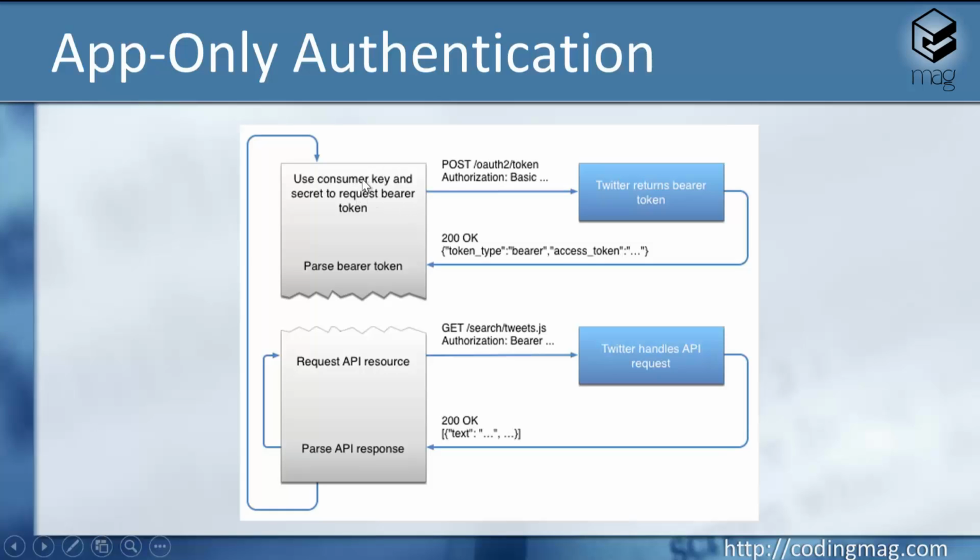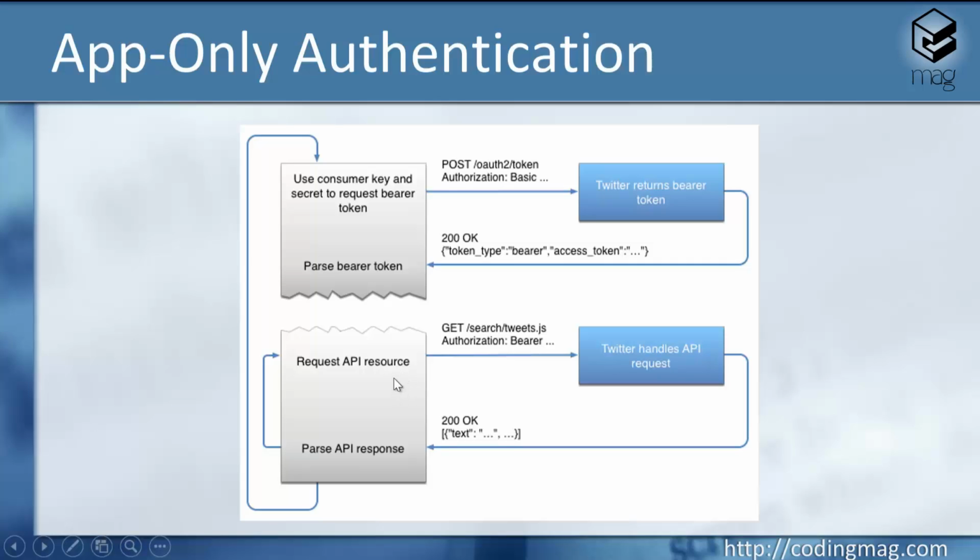We will send them to Twitter, and Twitter will return us a bearer token. Then we will send that token back, query Twitter through its API, and get the response from Twitter. This is not complex at all.